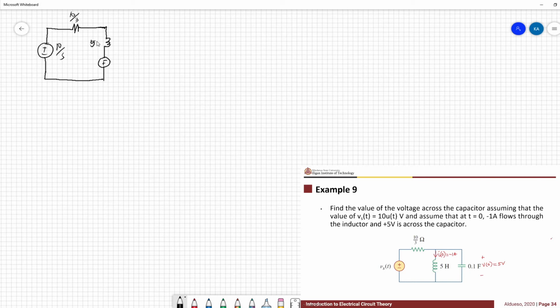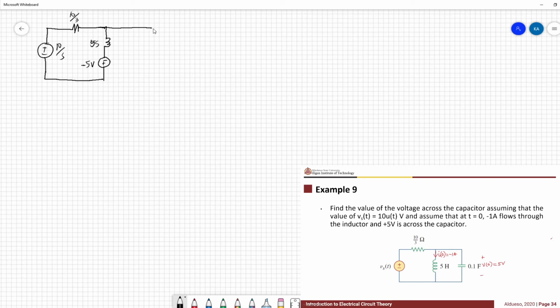So this is 5S, and then we have negative 5 volts, because this is equivalent to L times the initial value of IL.